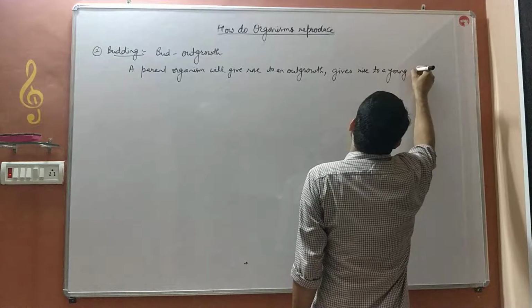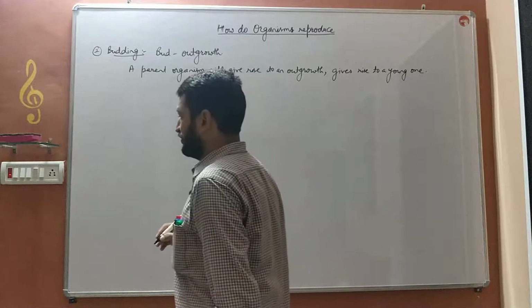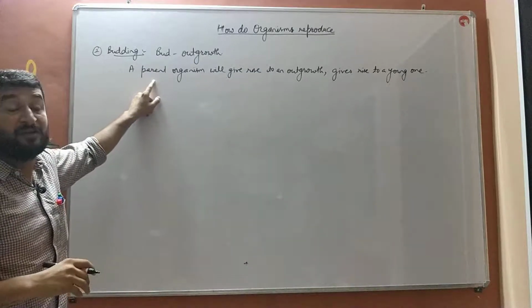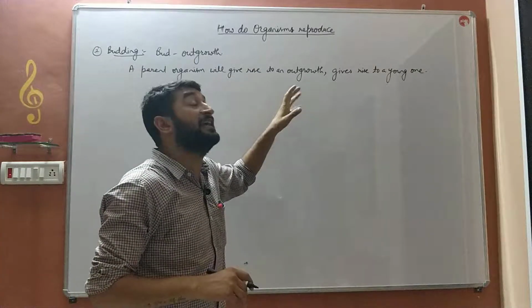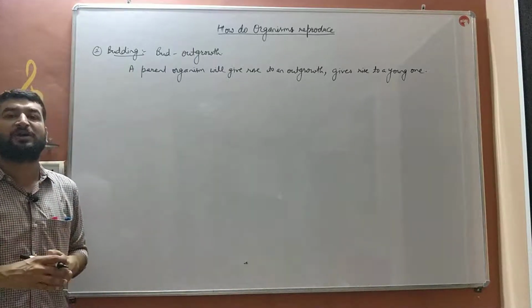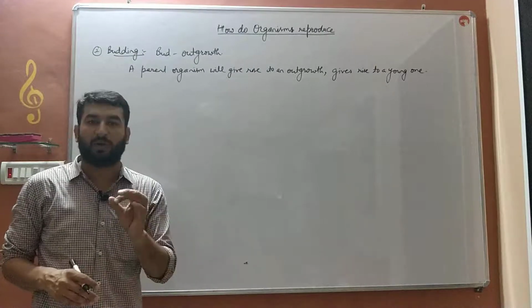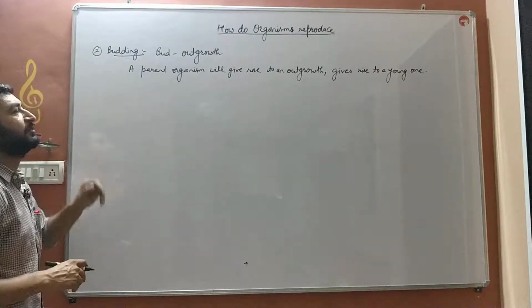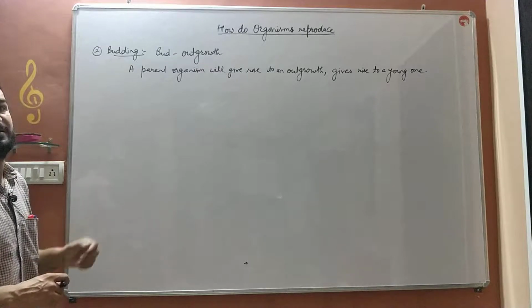That mode of asexual reproduction in which a single parent gives rise to an outgrowth, and that outgrowth develops into a complete organism, a young one, is known as budding.